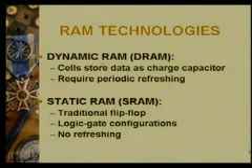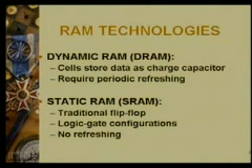And this DRAM is slower because it requires refreshing, and they are charge capacitors. This is a slower technology. On the other hand, you have static RAM, which is the traditional flip-flop, the same technology which makes your processor logic gates, and doesn't require refreshing.